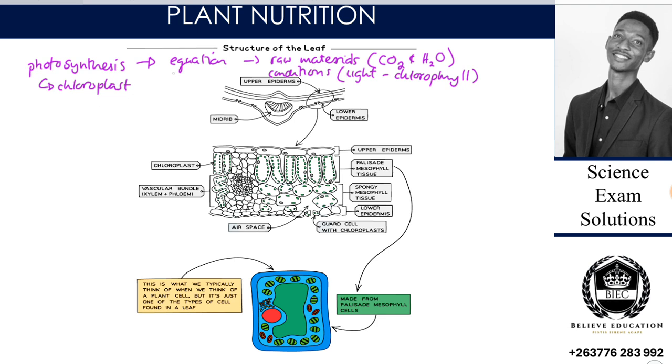So since photosynthesis actually produces glucose, and then this glucose is turned to starch, and then this glucose can also be turned to various other substances. That's what we talked about, the end products of photosynthesis.